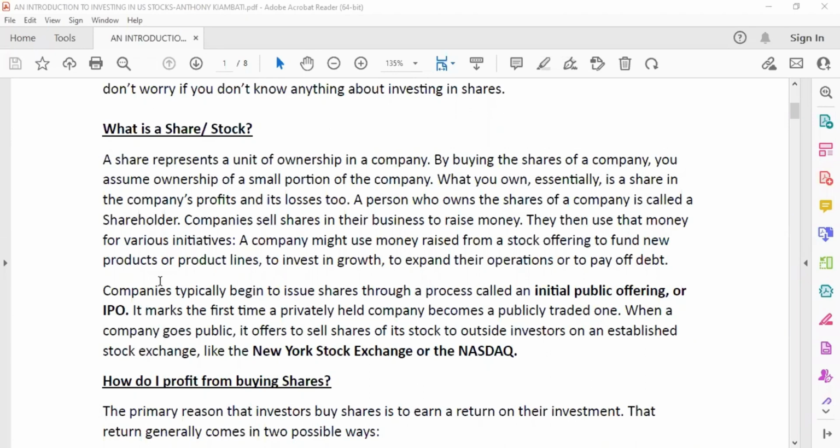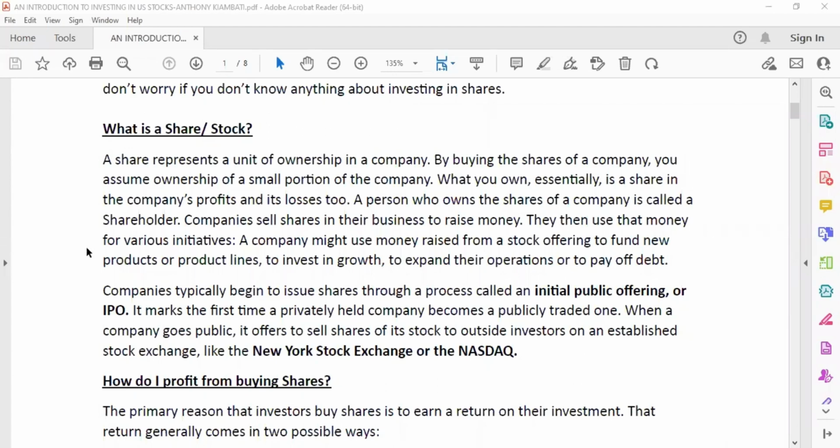This marks the first time a privately held company, like Safaricom before 2008, becomes a publicly traded one. When a company goes public, it offers to sell its shares to investors on a stock exchange like the New York Stock Exchange, which is the biggest in the US, or the Nasdaq, or, from our Kenyan perspective, the Nairobi Securities Exchange.